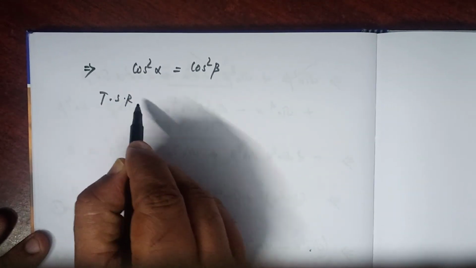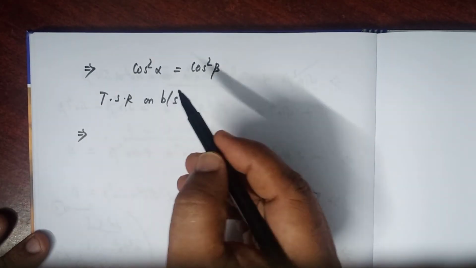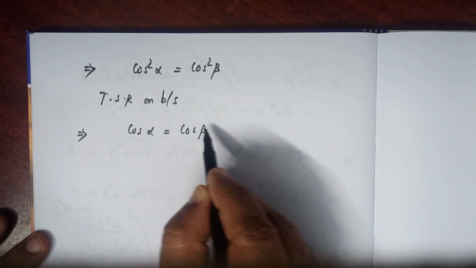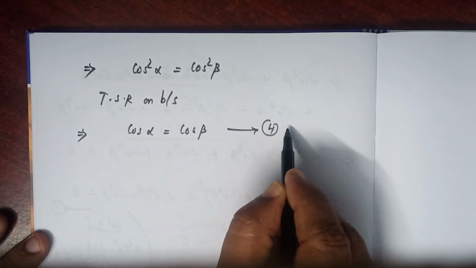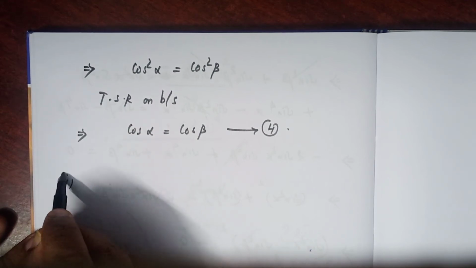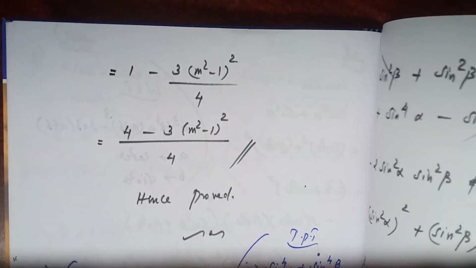Taking square root on both sides, square and square root get cancelled, we will be getting cos alpha equal to cos beta. Let it be number 4. Now I consider subdivision number 2, LHS. What is in LHS?